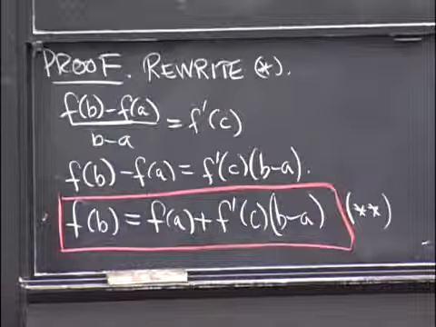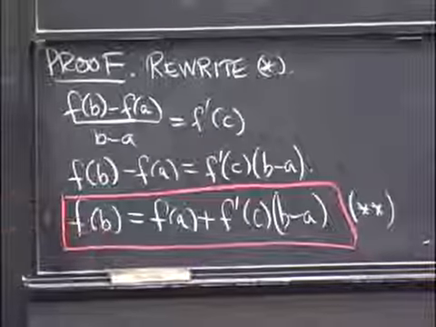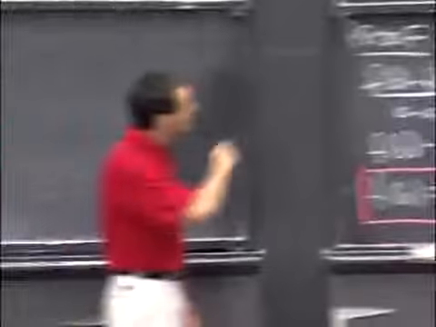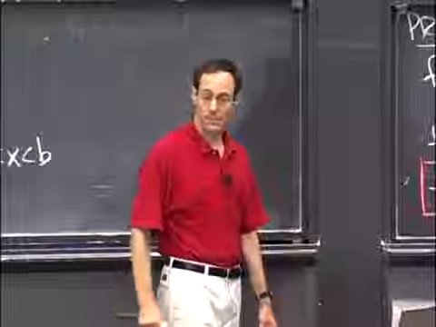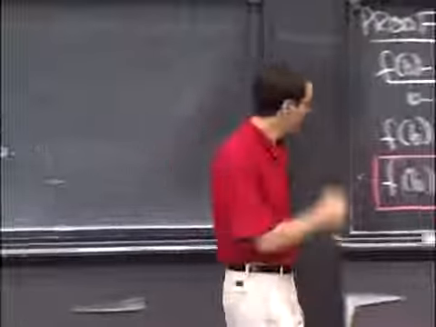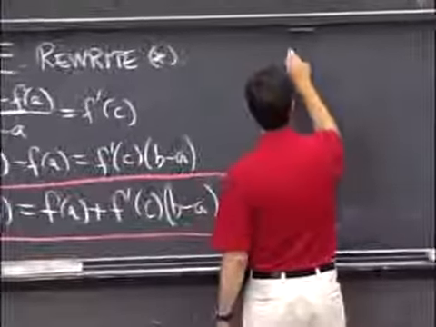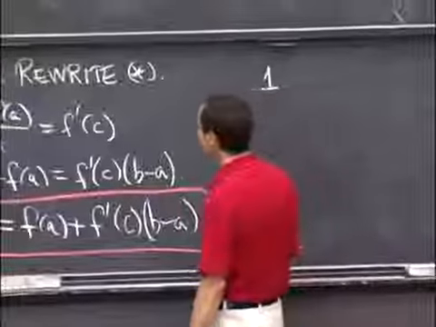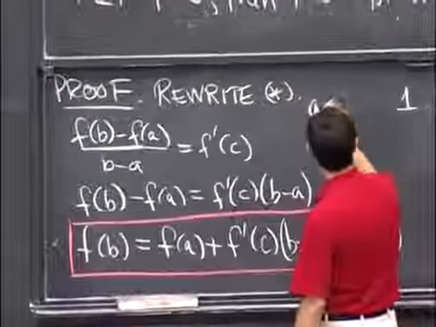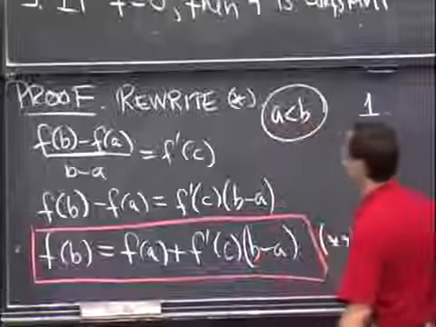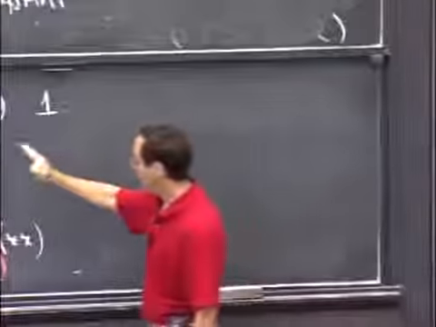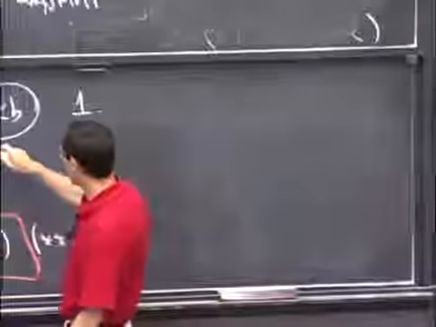And now, with the formula written in this form, I claim that I can check these three facts. So let's start with the first one. I'm going to set things up always so that a is less than b. That's the setup of the theorem.